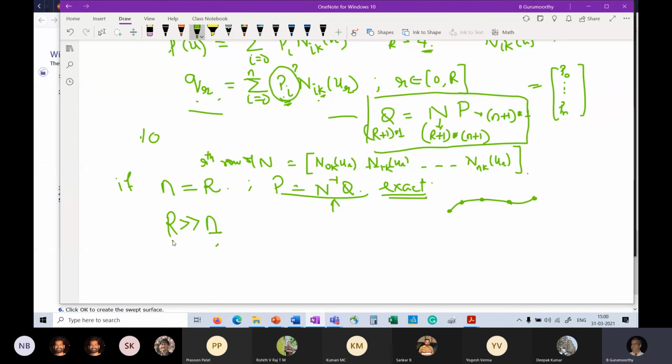Therefore, we now deal with the situation where R is much greater than N, which means this is a rectangular matrix, not a square matrix. I need a different way to find a solution, and I'm going to write down the solution. I don't expect you to remember this.